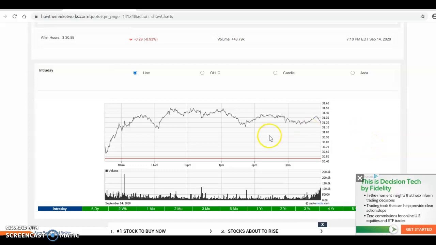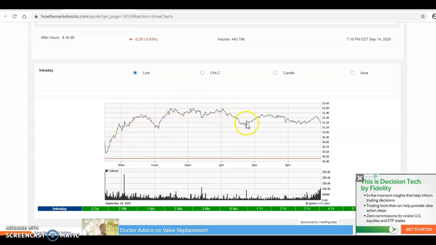The top chart is the share price, and this is from today. The share price took a dip down, and then it was up and down. It ended at $31.18 at the end of the market day.